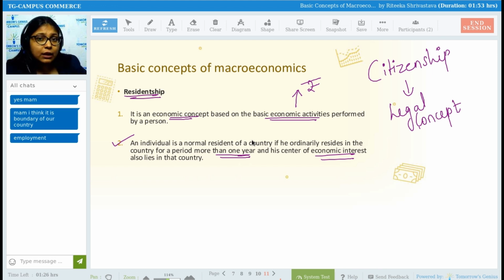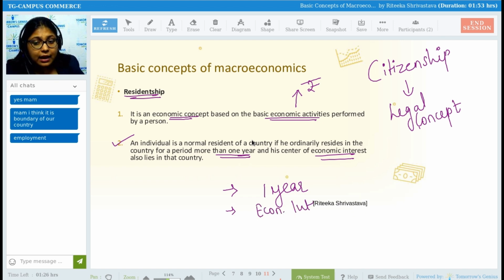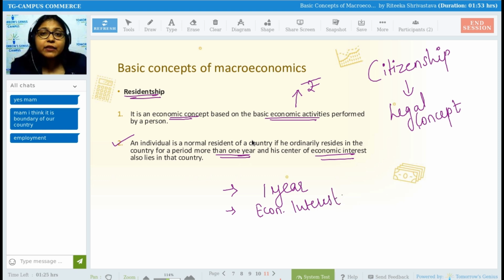Any individual who lives in the country for more than 1 year, and secondly, whose economic interest lies in that country. That means the person is living in our country for more than a year, and all his savings, income, and spending are also done in our country only.